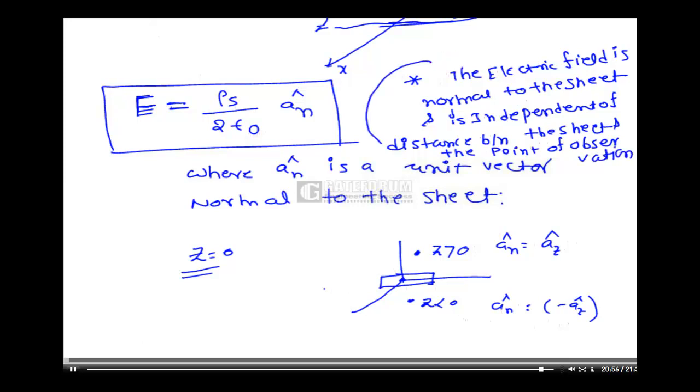So this is one of the important points of this sheet surface charge distribution.